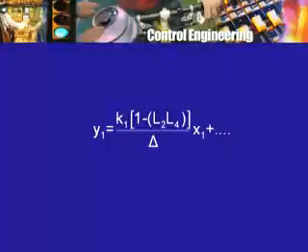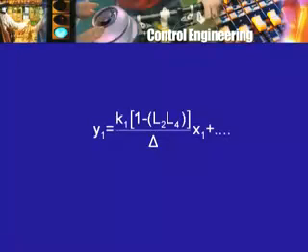So 1 minus that, plus loop pairs, but those which do not include node y1, or in fact any node on that forward path; it should not touch the forward path. That's not possible because L1 itself has node y1 in it, so there is no such term.